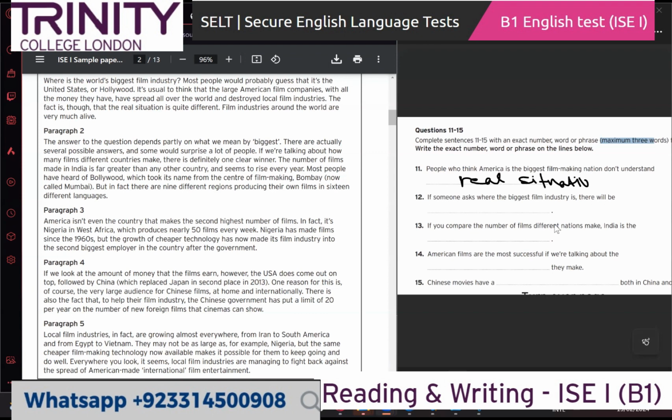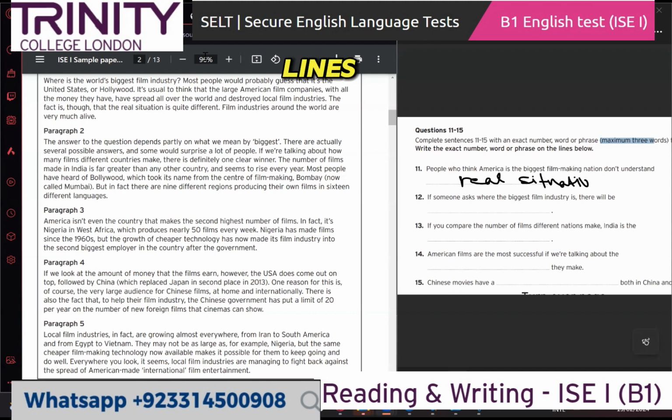The answer to the question depends partly on what is meant by the biggest. Actually, there are several possible answers.